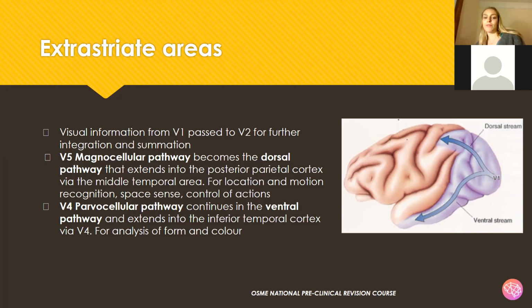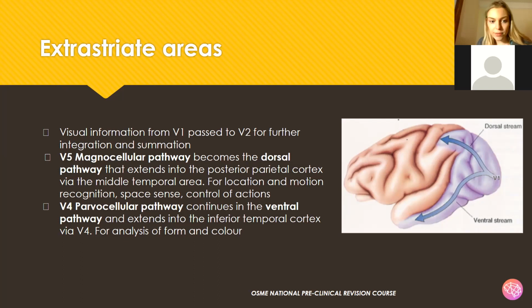And this is understood to be for motion, location, space sense, control of actions. And then we have the V4 parvocellular pathway, which is the ventral pathway and extends into the inferior temporal cortex via V4. And this is for the analysis of form and colour.